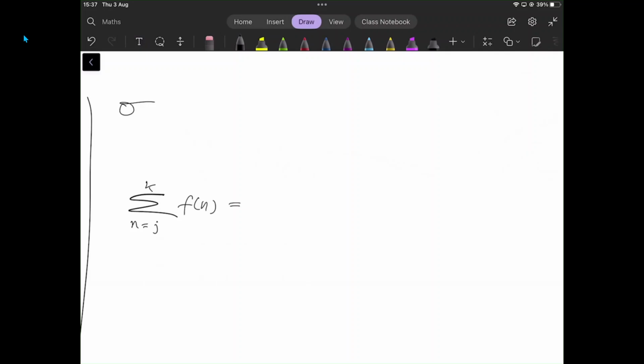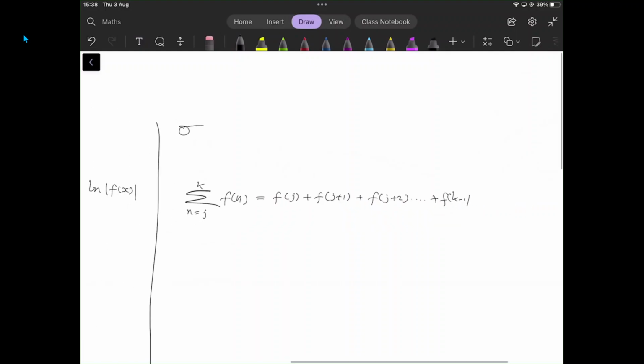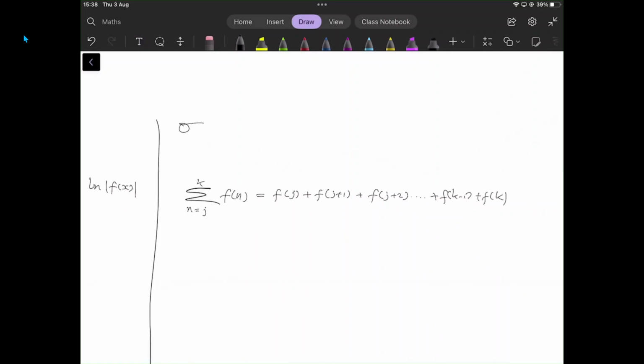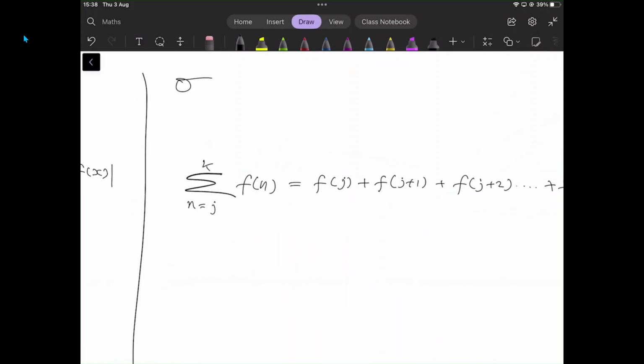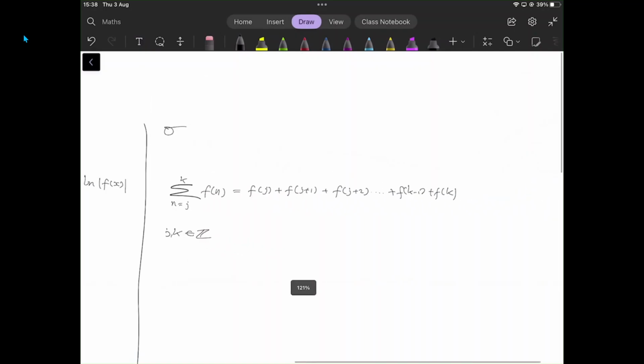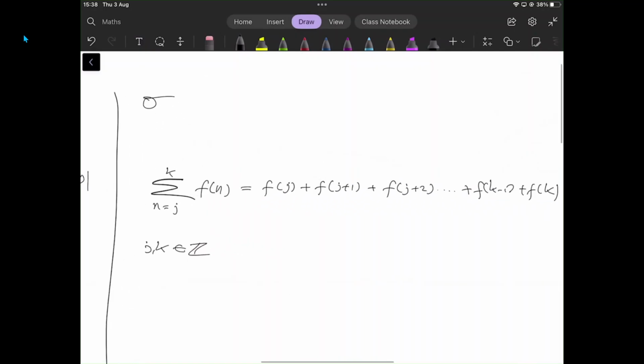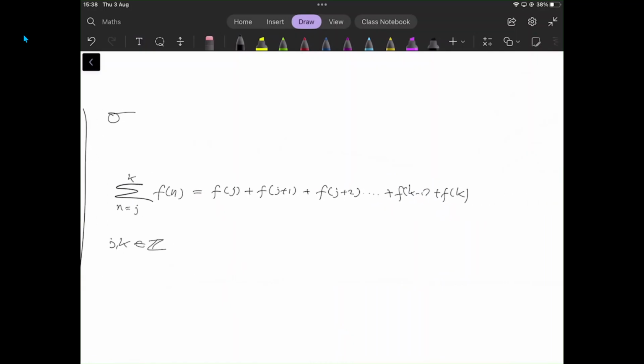This just means f of j plus f of j plus 1 plus f of j plus 2 dot dot dot all the way to f of k minus 1 plus f of k, where of course j and k are integers. So that's what the capital sigma function is, but we're not talking about that today. We're talking about the sigma function, the function that I'm about to make.